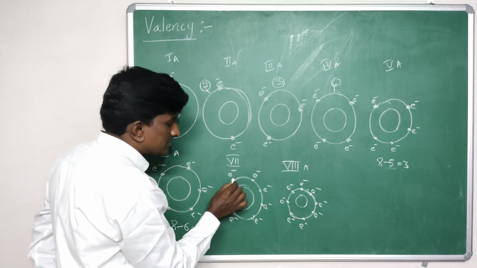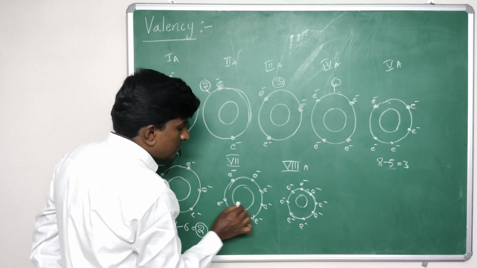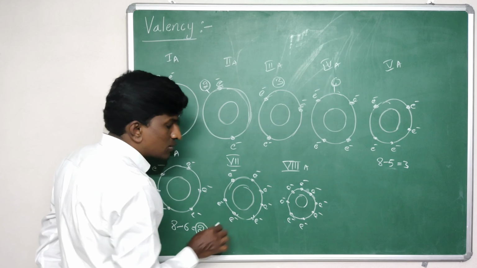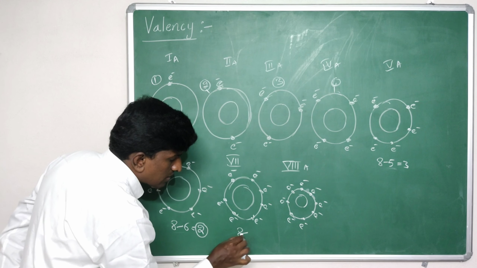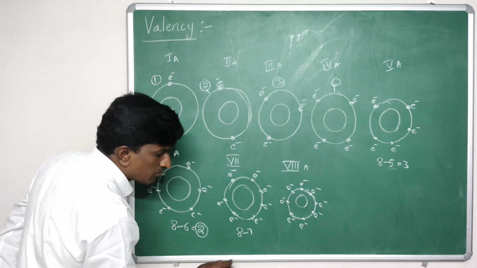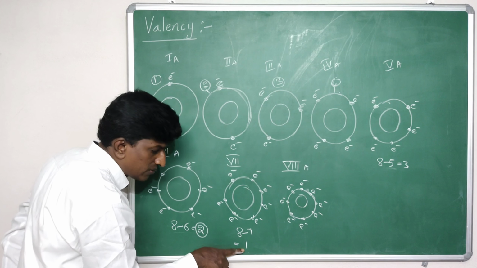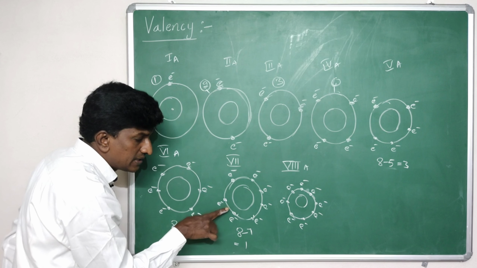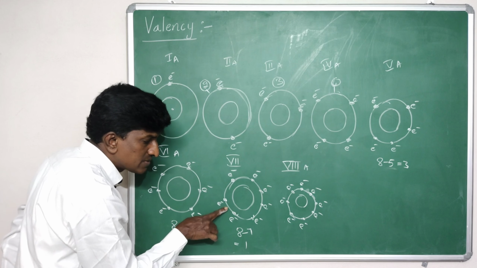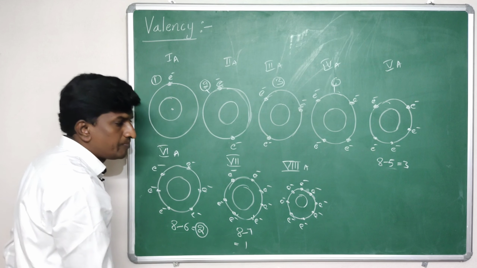Then come to the 7th group elements. They have 7 electrons in their outermost orbit and their valency is 8 minus group number 7. So they require only 1 electron to get stability. That's why the valency of 7th group elements is 1.